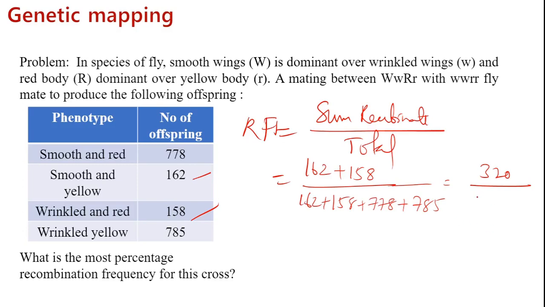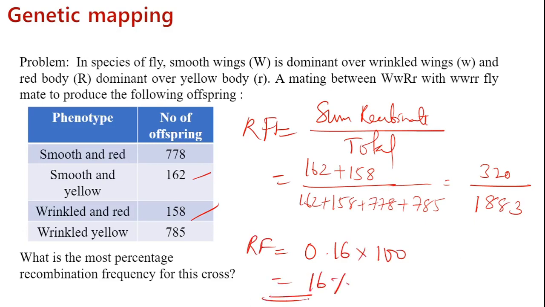The total number is 1883, right? If you divide 320 by 1883, the recombination frequency will be 0.16. If you multiply by 100, it gives the percentage, 16%, as the recombination frequency. This is the answer.